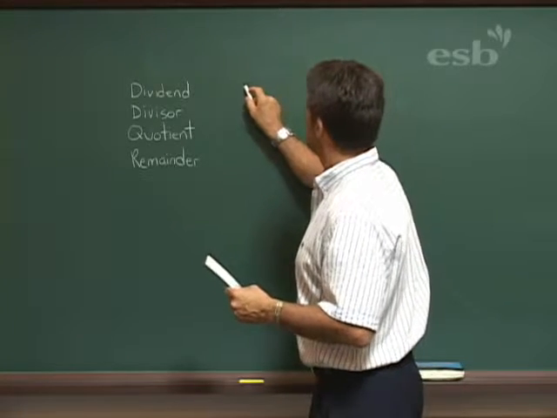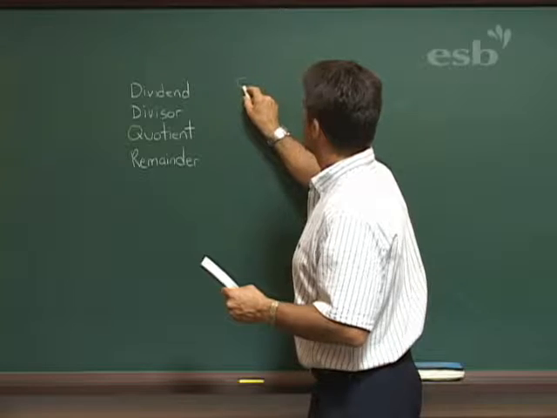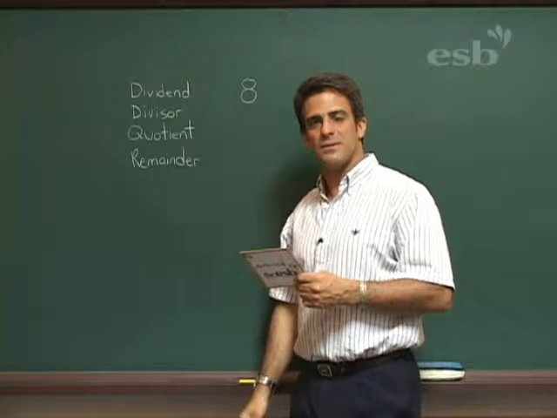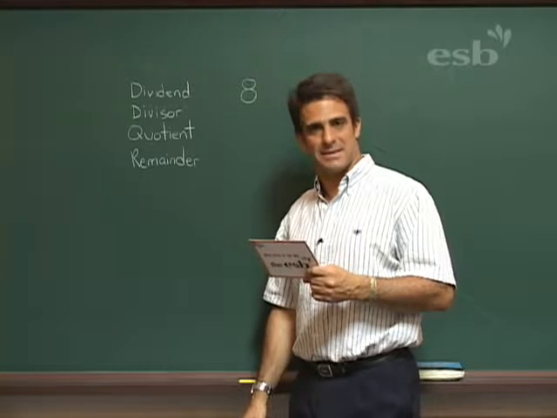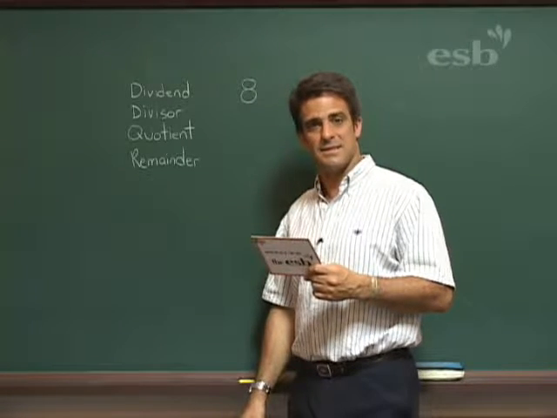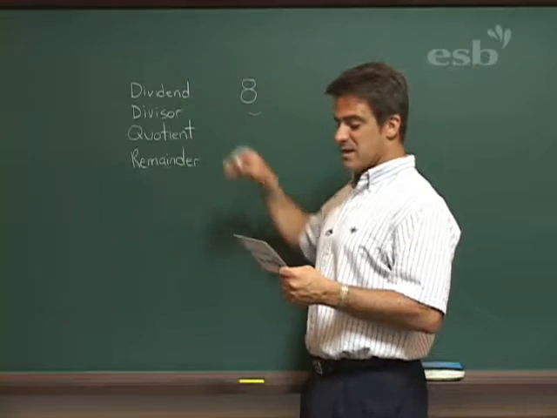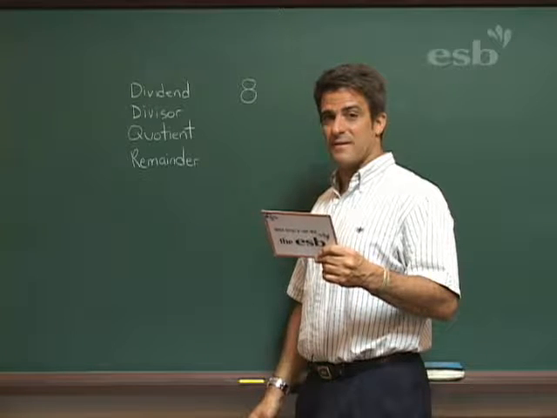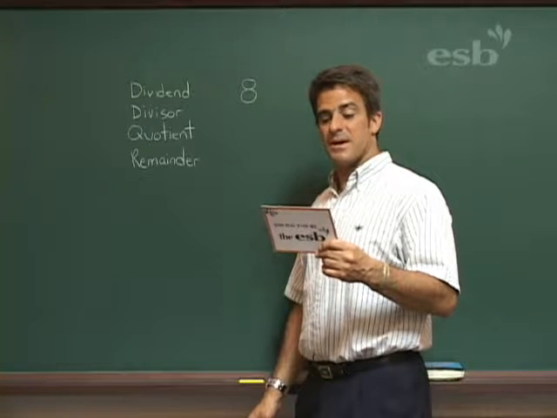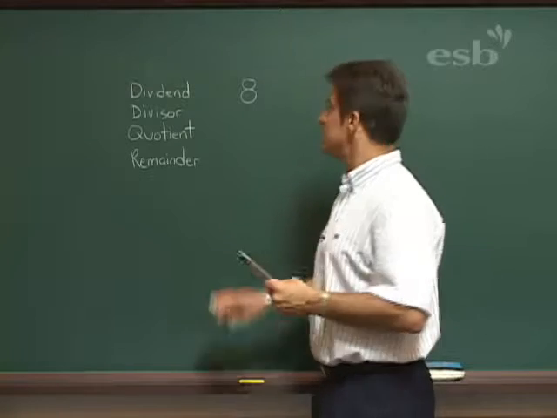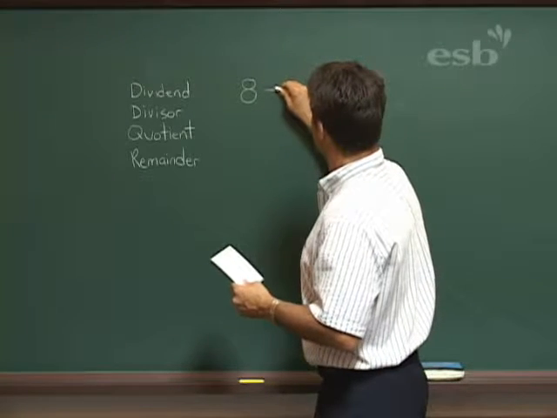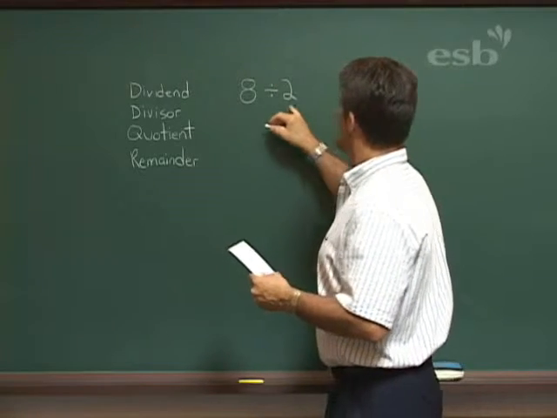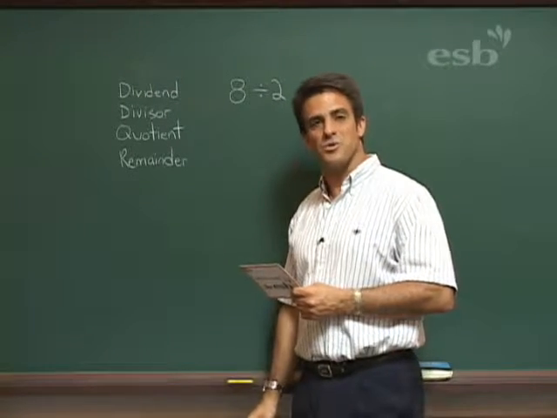So let's make a number here. For example, let's divide the number 8. 8 is the dividend. The divisor is the number that is doing the dividing. Let's say the number 2.